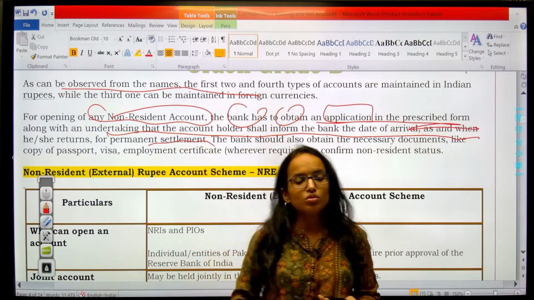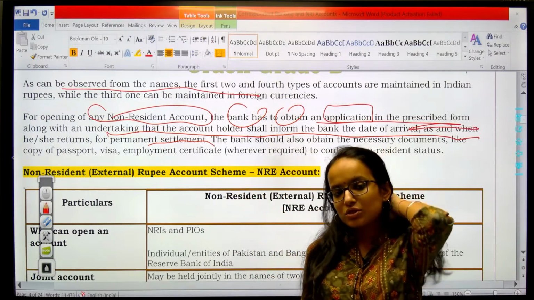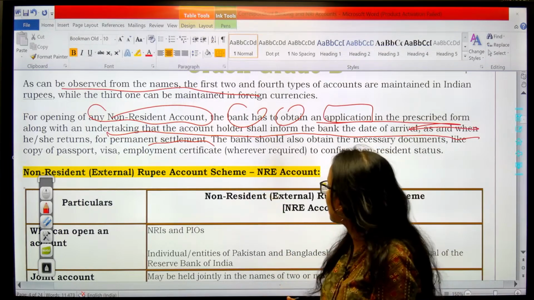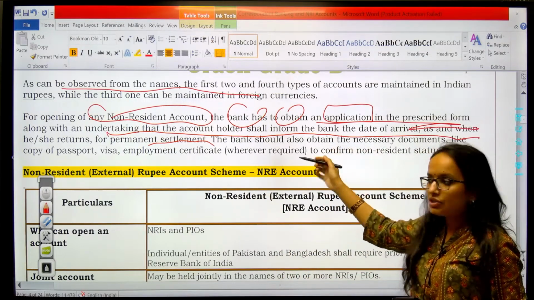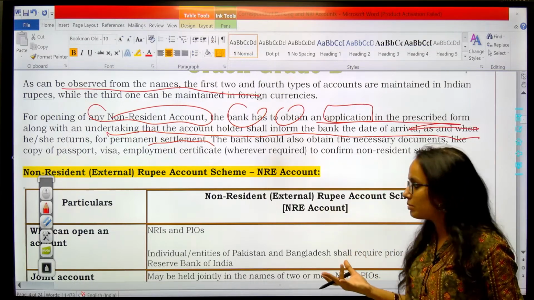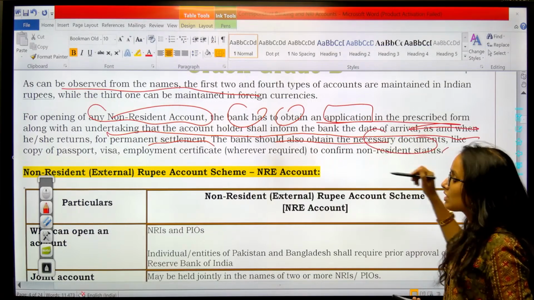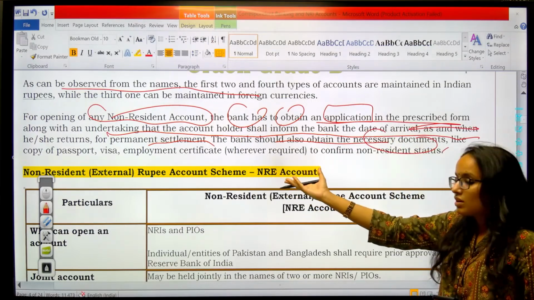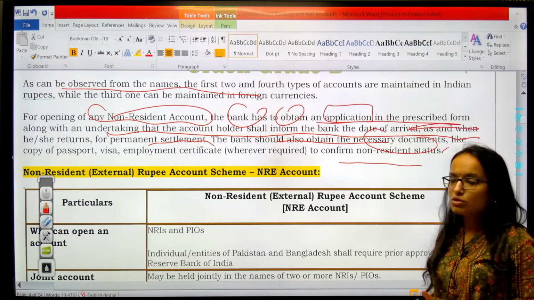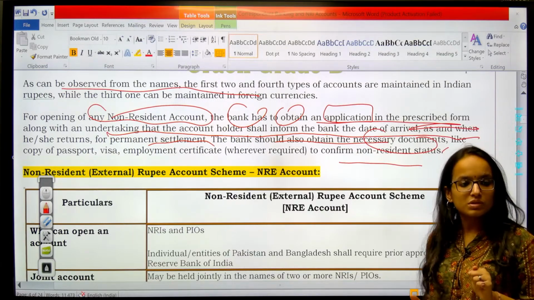So the account holder shall inform the bank whenever he or she is planning to return in case of permanent settlement. Then the bank should also obtain necessary documents like a copy of passport, visa, and employment certificate if required, to confirm non-resident status. So these services should be granted only to non-residents as specified in the rules.